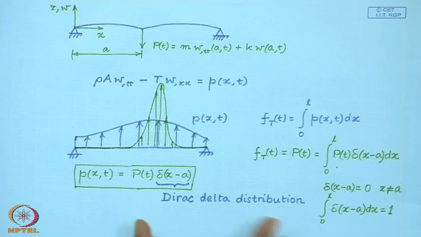In such cases, we can have a physical idealization that this is almost a point contact. So, this Dirac delta distribution gives us a mathematical description of this idealization.